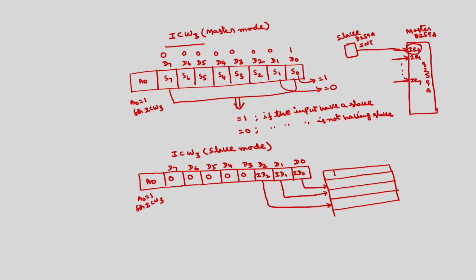If these 3 bits are 0 0 0, the ID number is 0. We have 8 combinations. If 0 0 1, the ID number is 1. If this is 0 1 0, the ID number is 2. 0 1 1, with bit 2 as MSB, the ID is 3, like that 4, 5, 6, 7.